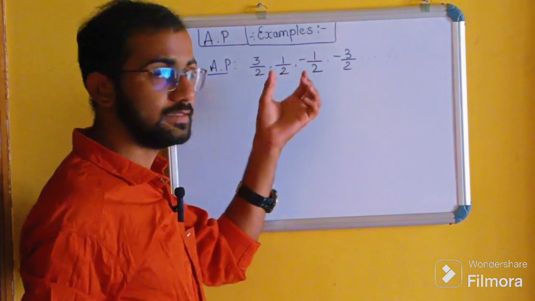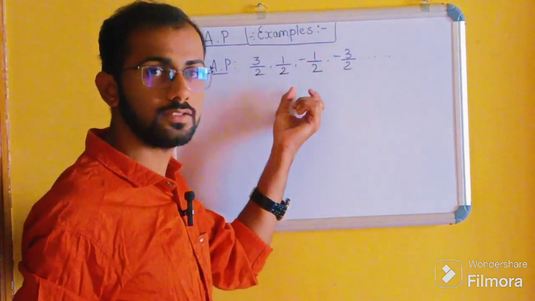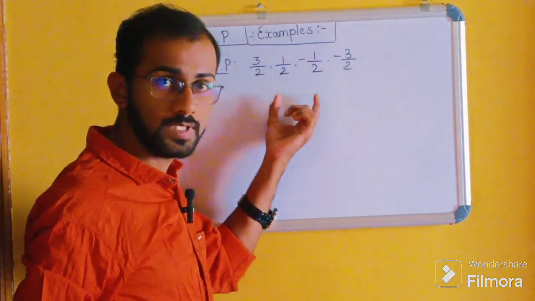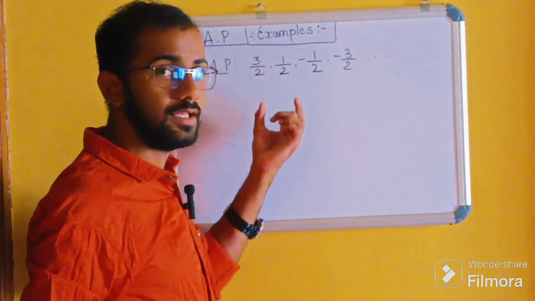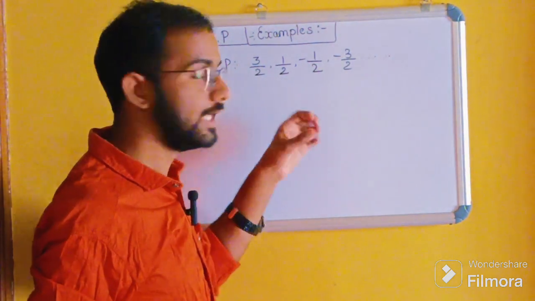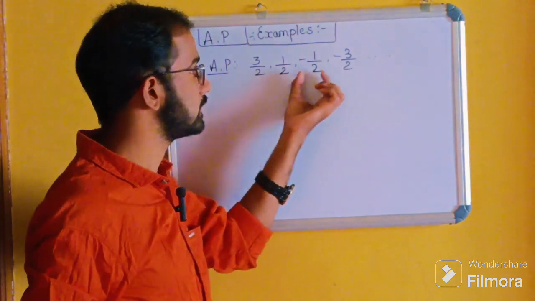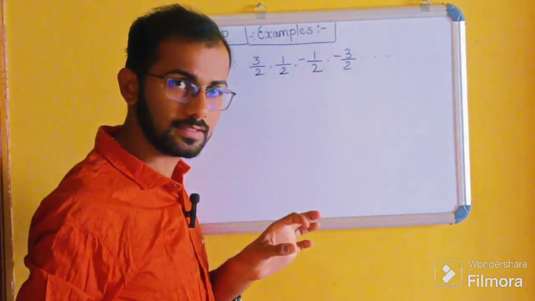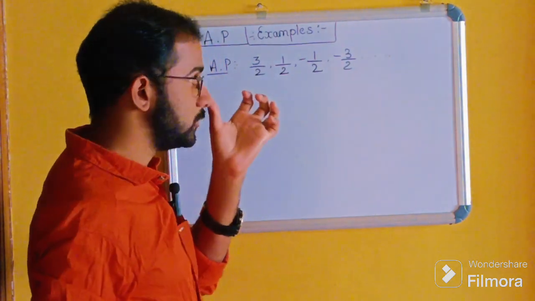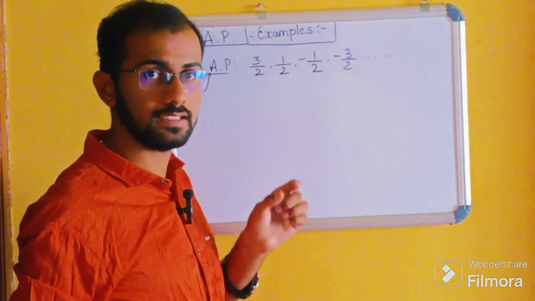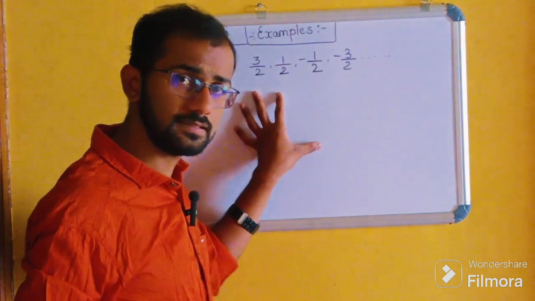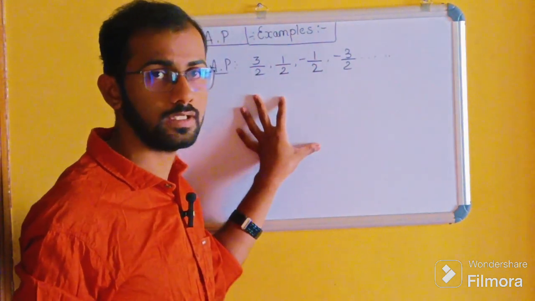So they have given one sequence, one list of numbers. From this, we have to write the first term and the difference between two consecutive numbers. Some students may have a doubt: is this sequence an AP or not?